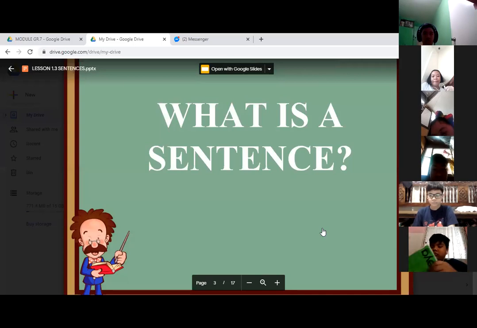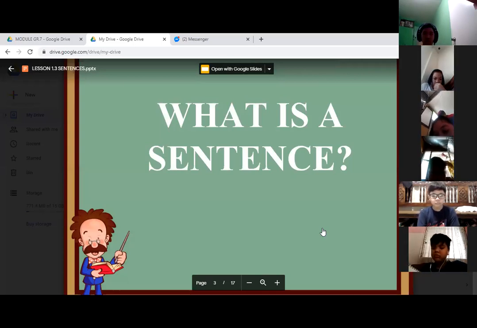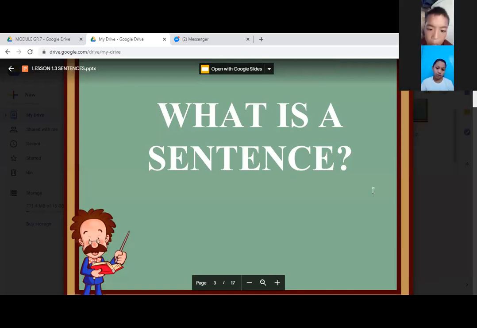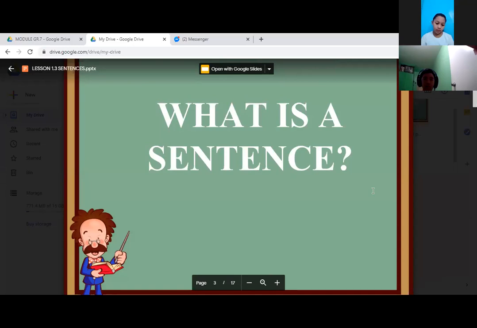Sentence always starts with a big letter and ends with a period. Okay, very good. So now, a sentence always begins with a capital letter and ends with a period. So it's correct.